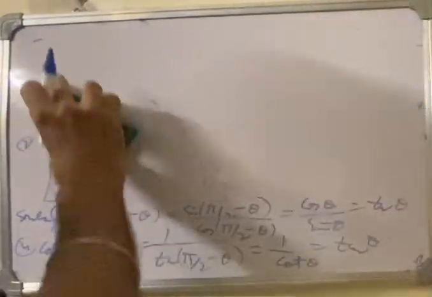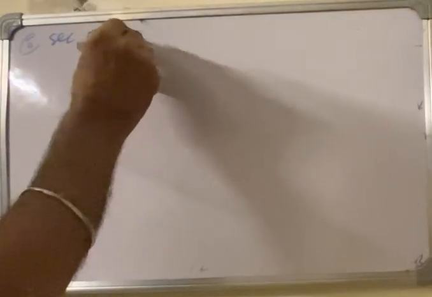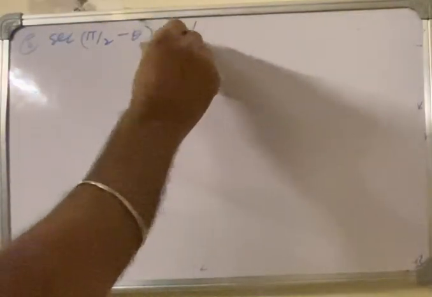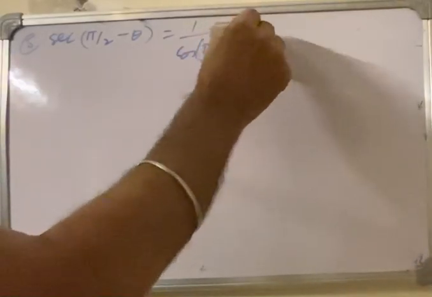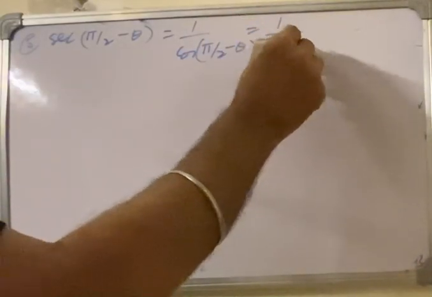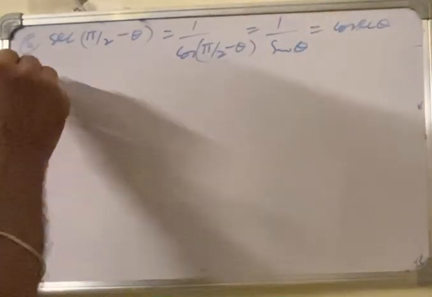Then fifth, number 5 is secant of pi by 2 minus theta. It is 1 over cos of pi by 2 minus theta, is equal to 1 over sine theta, is equal to cosecant theta.